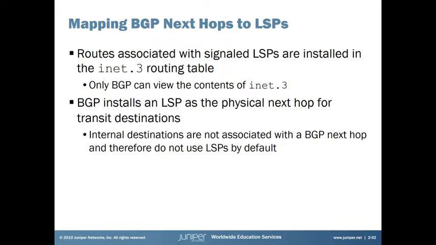So because we have traffic coming in from a different autonomous system, and then transiting through and going out into another autonomous system, it is BGP that is handling the routes coming in and going out the other end. So BGP is the protocol that has to know that its next hop for that traffic is into the label switch path.